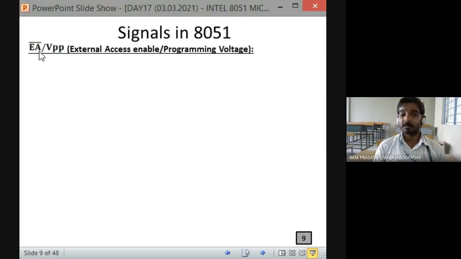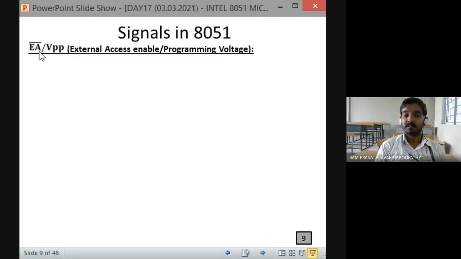Fine. What about the size of internal program memory? That means internal ROM, on-chip ROM, 4 KB. Very good. When will I go for external program memory? If my application program exceeds the 4 KB memory, I have to go for external program memory.